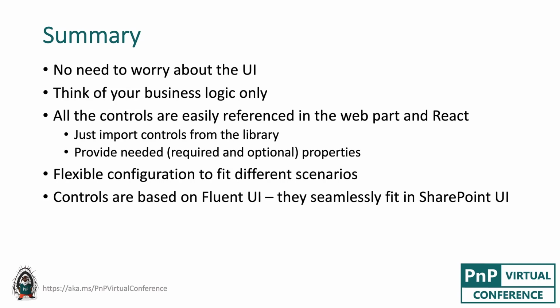Most of the controls have flexible configuration to fit different scenarios. For example, carousel control. You can show or hide prev and next button, slide indicators. You can disable or enable animation, and so on and so forth. And because all of the controls are based on Fluent UI, they seamlessly fit in modern SharePoint user experience.